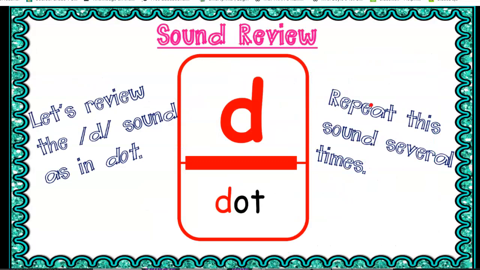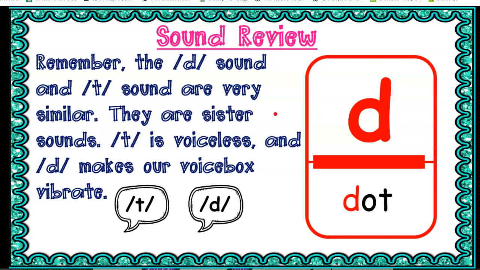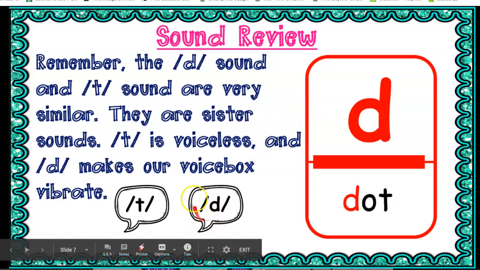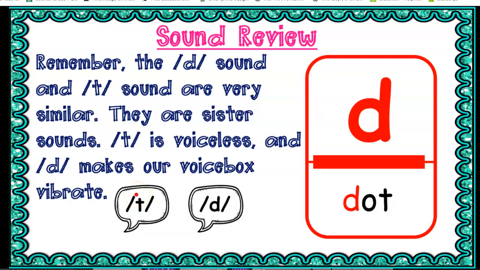So let's review one of the sounds the past tense marker spelled ED can make, and that is the d sound, like in dot. So I want you to say the d sound to yourself a few times. D. Now, the d sound and t sound are very similar.